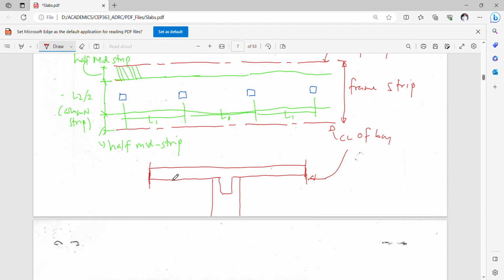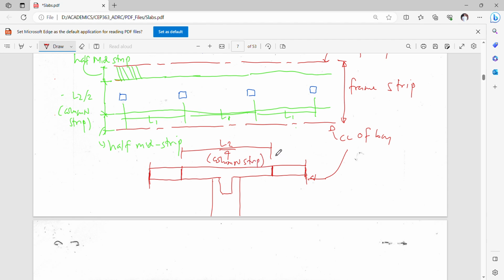So the column strip will be one half of this and one half of this, which constitute L2 over 4 on each side. So this is your column strip.